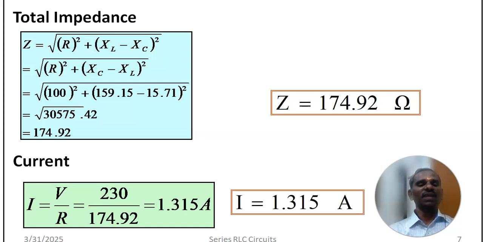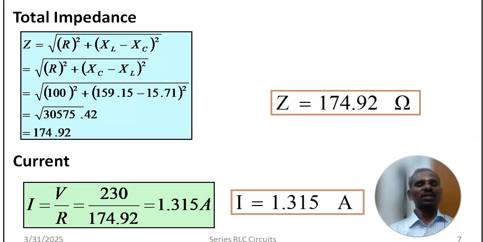We substitute the values. R is equal to 100, so Z is equal to square root of 100 square plus 159.15 minus 15.71 the whole square. If you simplify that, you will get Z equal to 174.92 ohms. So this was the first question, total impedance.